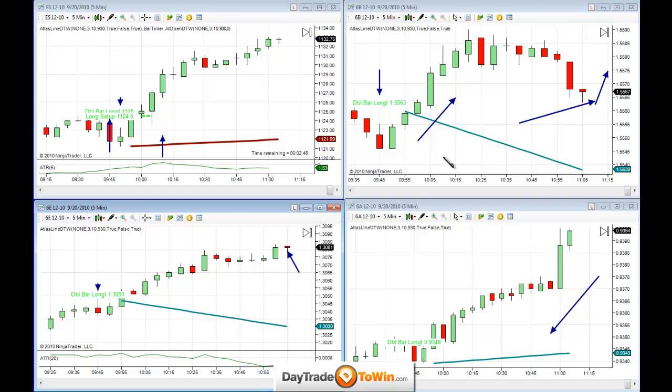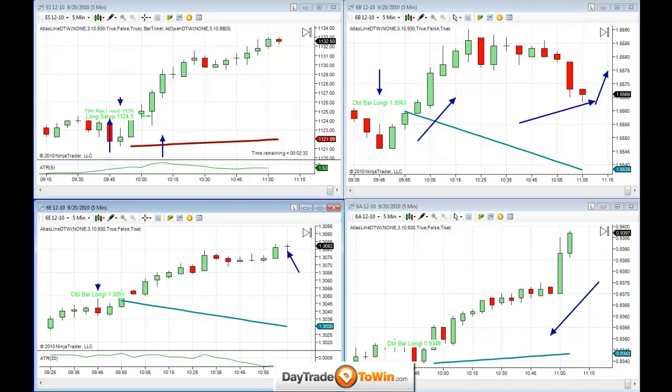The way that it looks, maybe an up day all day long, and I can see that price is above the Atlas line to help me in that idea. Questions, guys? There's no reason here to go short any of these markets unless price crosses below the Atlas line.